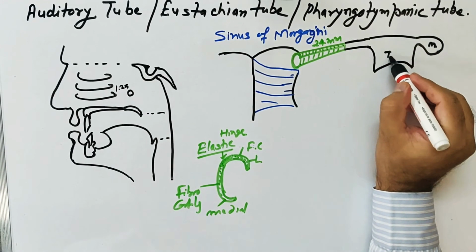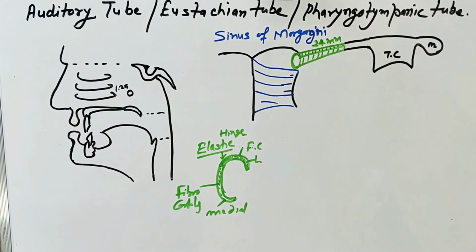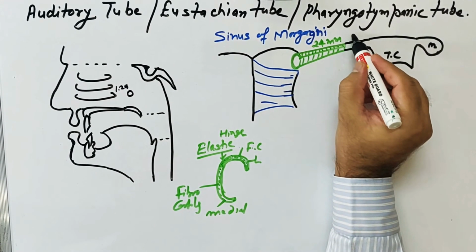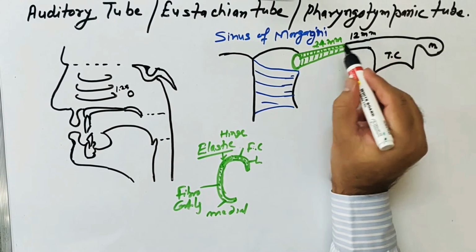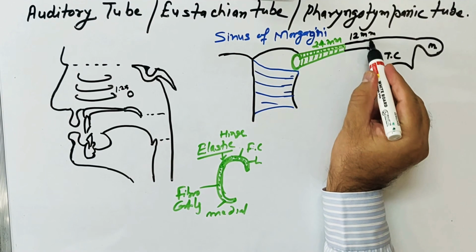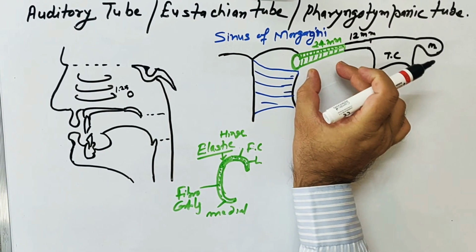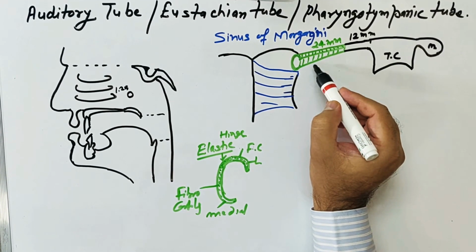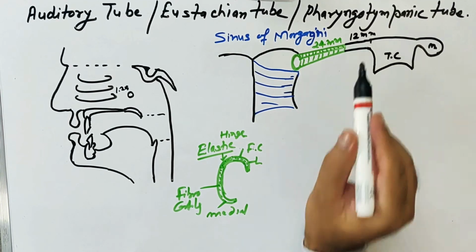The bony part is 12 millimeter long. So the total length is 36 millimeter from here to here. The medial 2/3 part, that is 24 millimeter, is cartilaginous, and the lateral 1/3 part is bony.